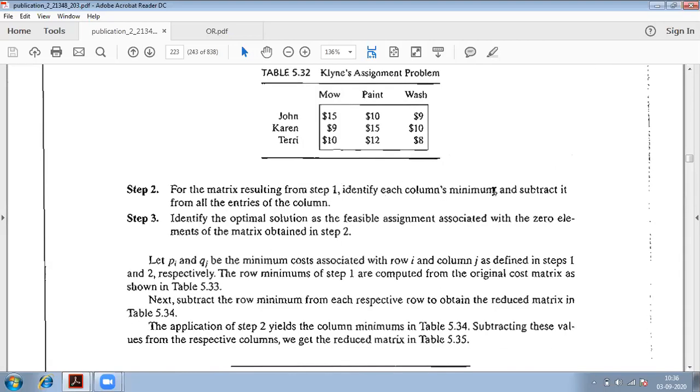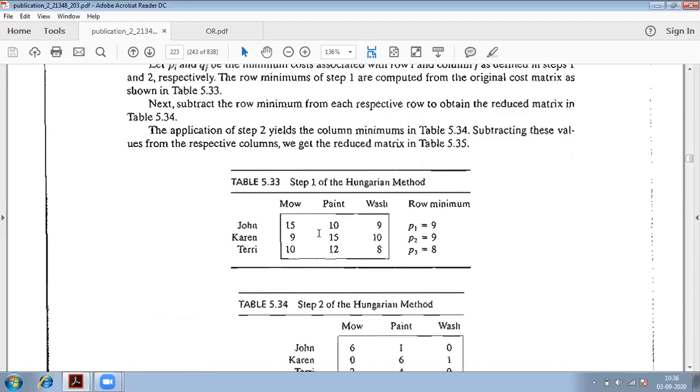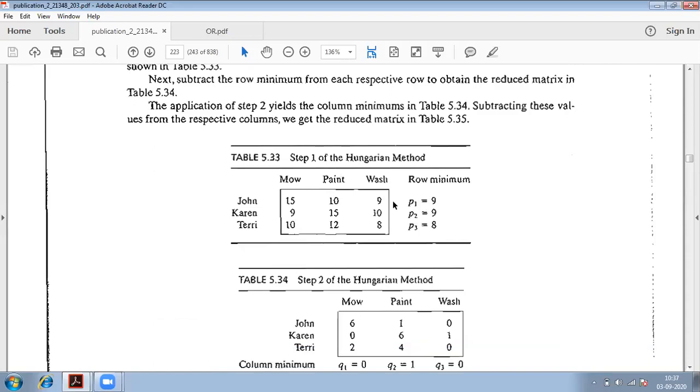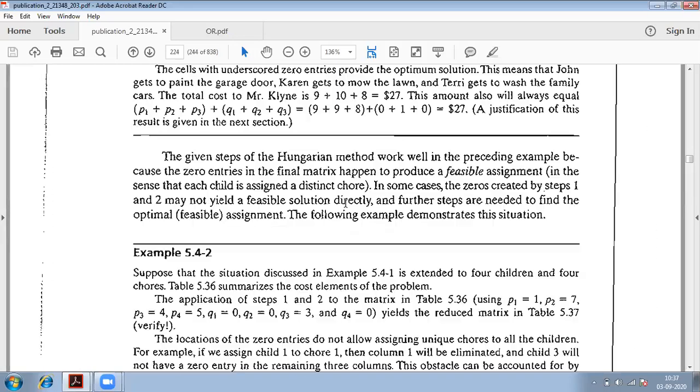Identify each column minimum and subtract it from all the entries. So nothing but this is a penalty method. So 10 minus 9 is, among all the things, 9 is the thing. So this is going to be a Hungarian method. This is assignment, there are some other things.